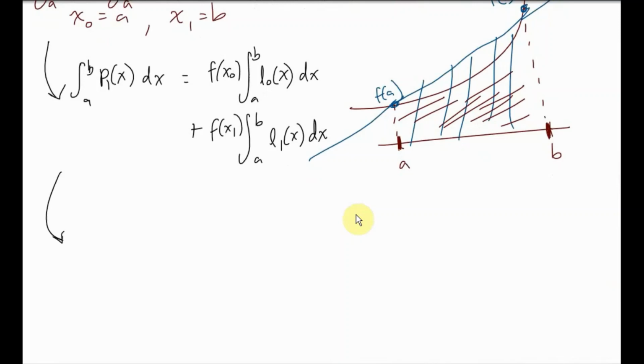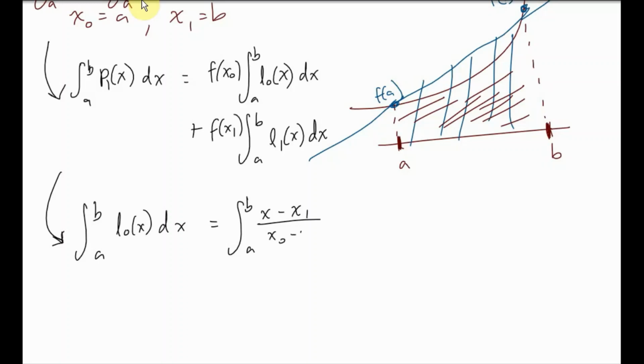Now, since our polynomial is degree 1, I already know that I'm trying to find this term. L naught of x looks like this: the integral from a to b of x minus x1 divided by x naught minus x1 dx.